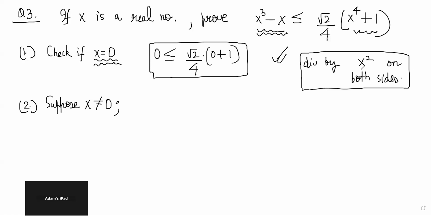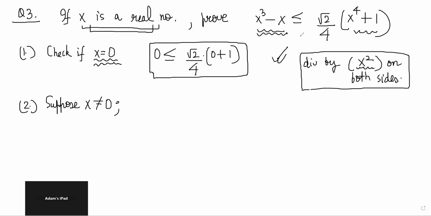That is one reason, but you have to be careful, because we don't know whether x is positive or negative. If x was negative, then dividing would change the inequality sign. So it is better to divide by x squared, because that will keep the inequality sign.